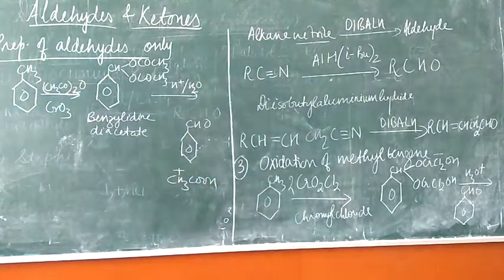So we can get benzaldehyde from methyl benzene by carrying out its oxidation with acetic anhydride.